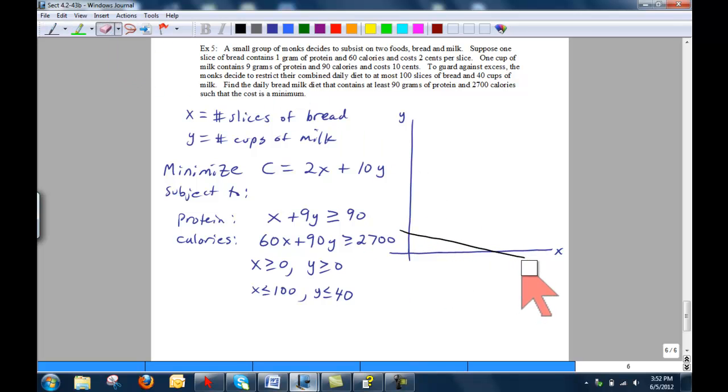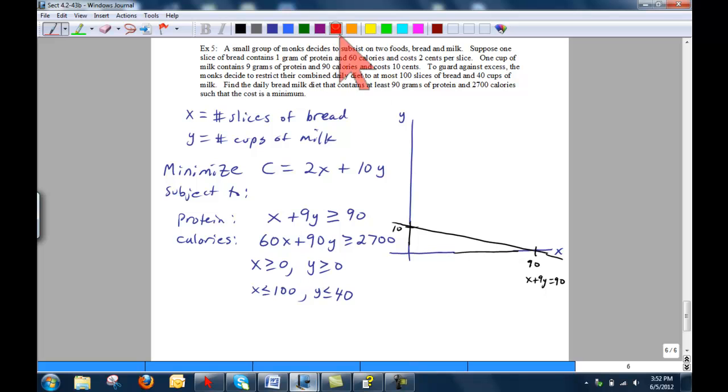I might want a slightly different scale. So 10 and 90. And the black is the line x plus 9y equals 90.